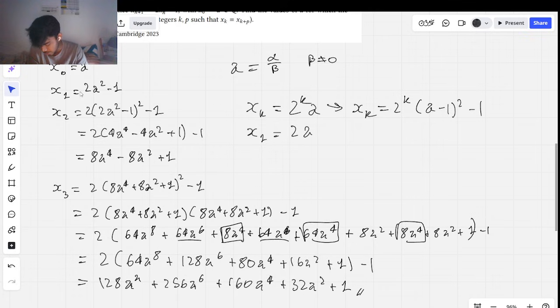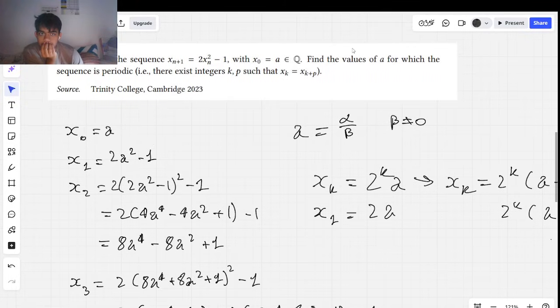Perhaps if I did this, 2k a minus 1, k minus 1. This is also not going to work. I don't think this is the way to do it. I need to reread the question.